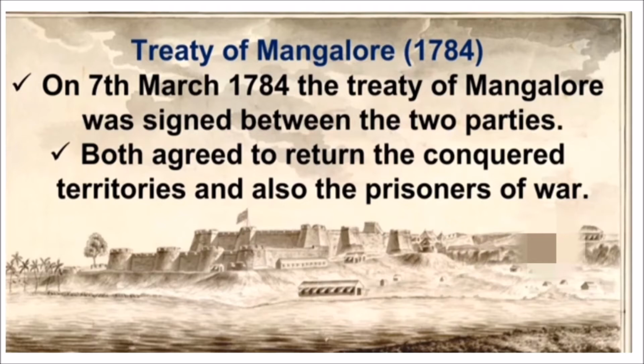Now let's see the conditions and terms in the treaty. On 7th March 1784, the Treaty of Mangalore was signed between the two parties. Both agreed to return the conquered territories and also the prisoners of war.